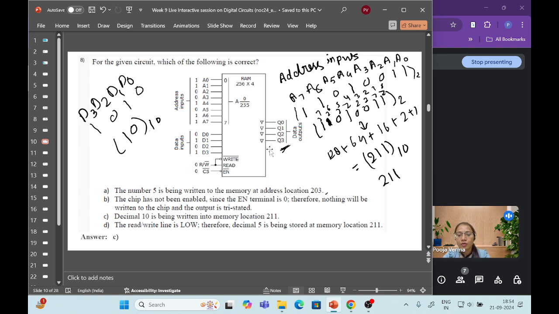Now we need to check whether it is a read operation or a write operation. Here the input given is 0.